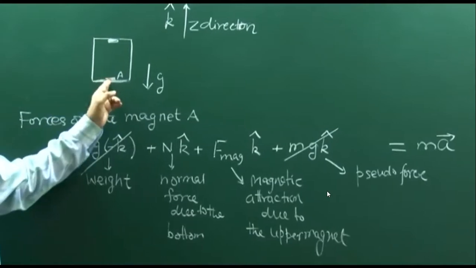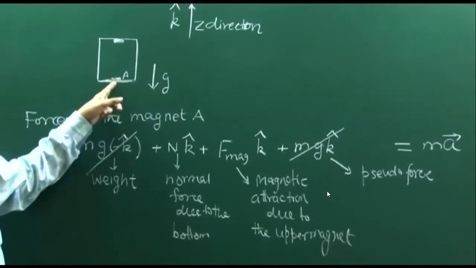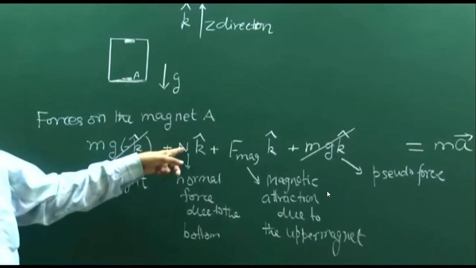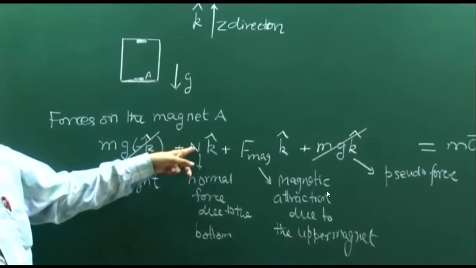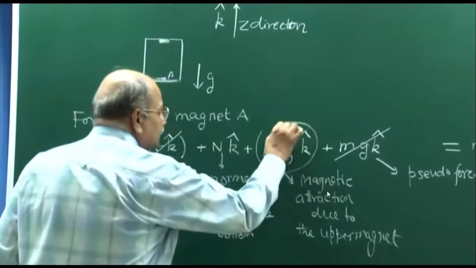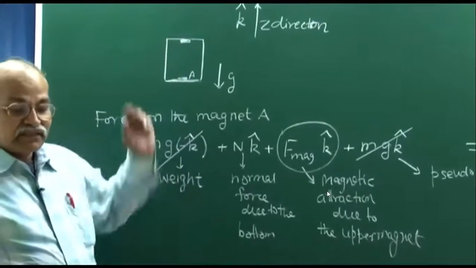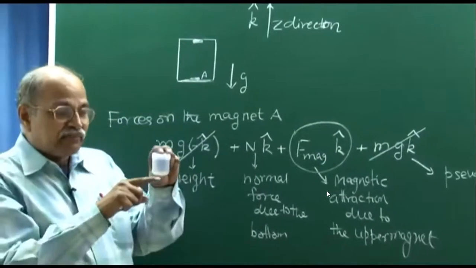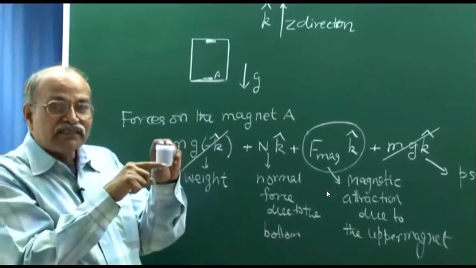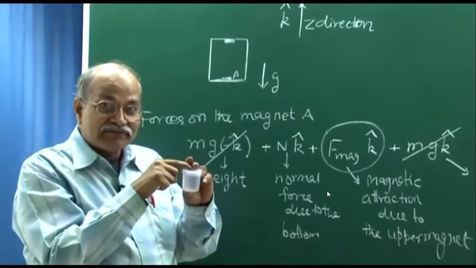As it goes slightly up, this contact here is broken, and then this N also becomes 0. So, it moves only under this magnetic attraction, and that is in the upward direction. So, in the box frame it has to go up, and it goes up and strikes this upper magnet.